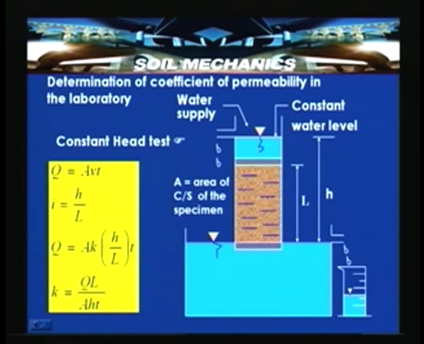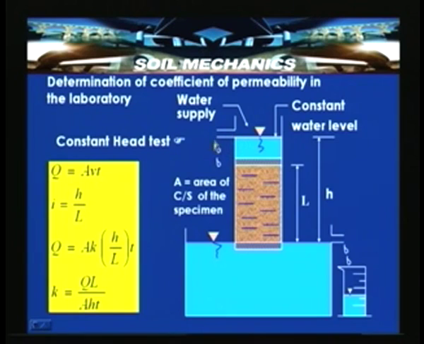It shows a soil sample having a thickness L, which is shown here, and which is surrounded by two porous stones. One porous stone is placed above and one porous stone is below, and a constant head water level is maintained as shown in this figure.